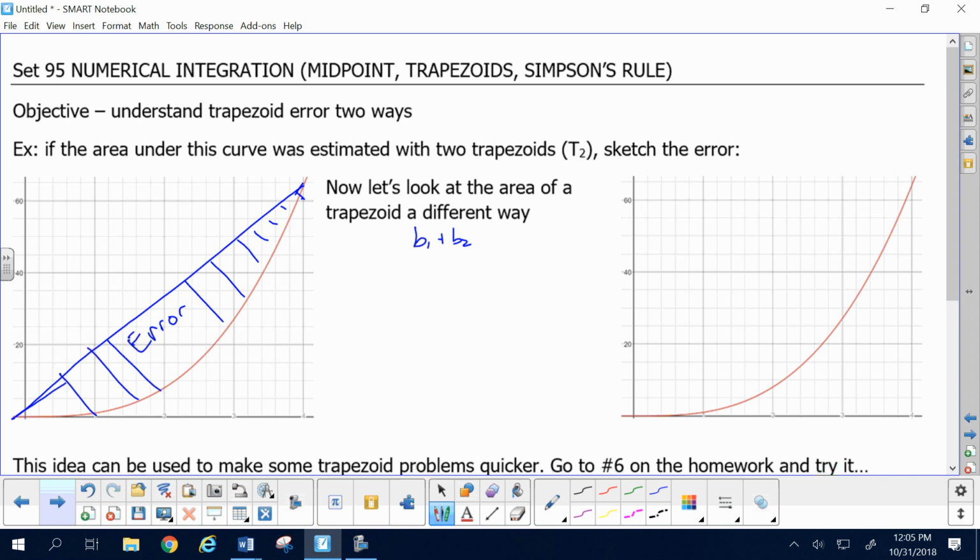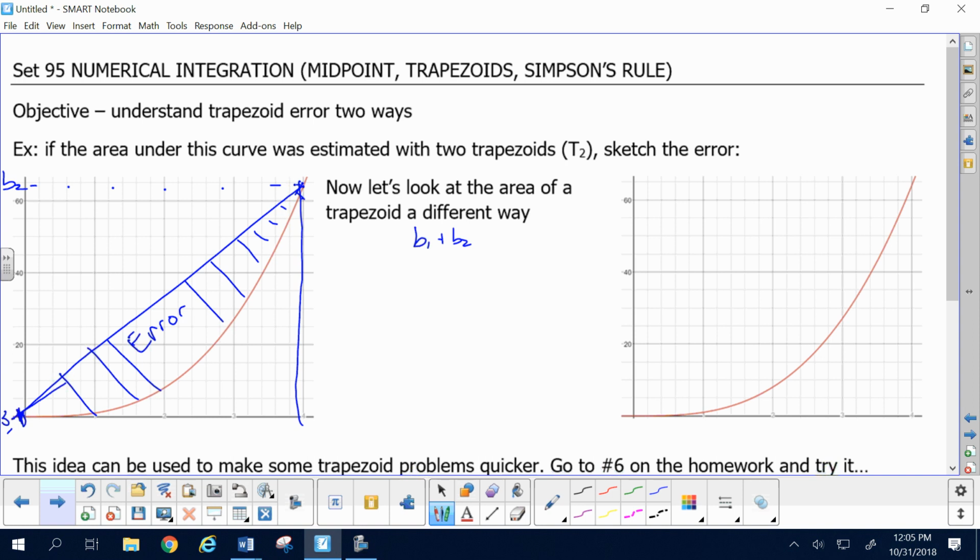Now, wouldn't you say then that this trapezoid, here's base 1, and here is base 2? And I know it feels like a triangle, but think of it like a trapezoid. Base 1 plus base 2 times the height divided by 2. Are you with me? All right, now, let's do this averaging idea here.